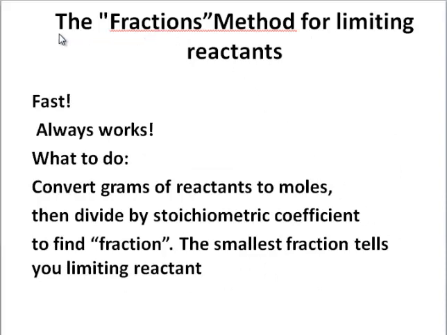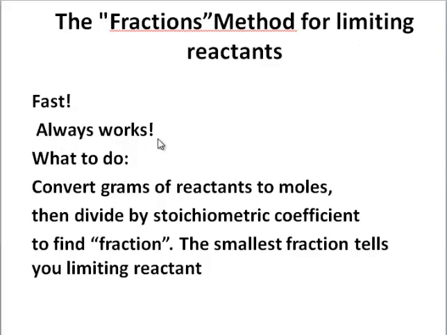It's important to determine which is the limiting reactant and which is the excess reactant, because the limiting reactant determines the amount of product made. What I present here, and what the text presents, is the fractions method for limiting reactants. This may not be the method you've been taught in high school or previous courses you've taken, but this method is fast.